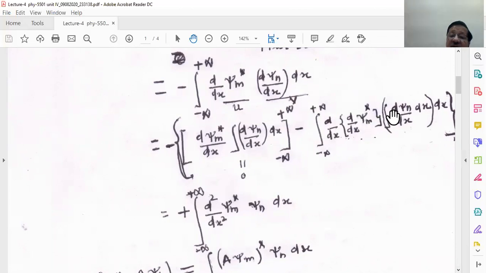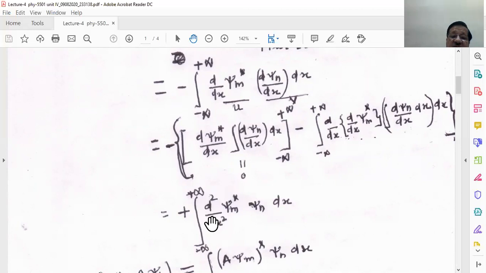This is psi m star, and this term is d by dx of psi n. You are basically differentiating with respect to x, and then you are integrating with respect to x. So it will give you only psi n, right? So now you will get this term.